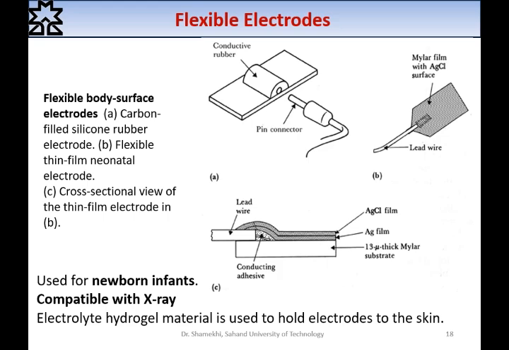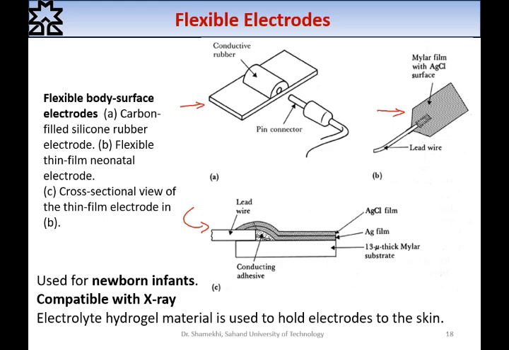And in this figure we have some examples of flexible electrodes. The first one, carbon filled silicon rubber electrode. B, flexible thin film electrode, and the cross section of this thin film electrode.